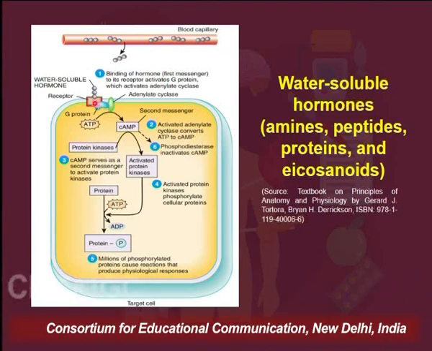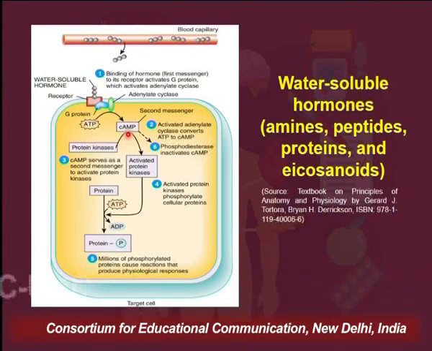So there are G proteins which will get activated, which in turn would stimulate the adenylate cyclase. Now, as the name suggests, this is an enzyme which will convert the ATP into the cyclic structure, and that cyclic structure is none other than cAMP.